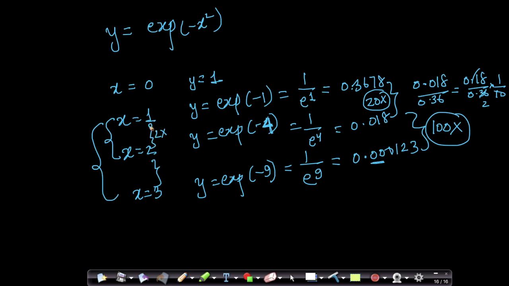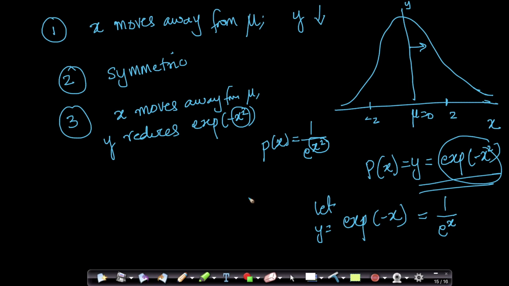Even though it has increased only by 1.5x, my reduction here is 100x, right? That's what I mean when I say exponentially quadratic drop. If it was an exponential drop, it wouldn't have been this severe. So the shape of your Gaussian distribution is that it falls exponentially quadratically.